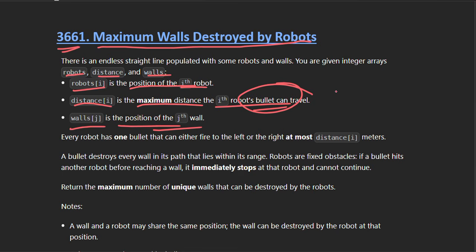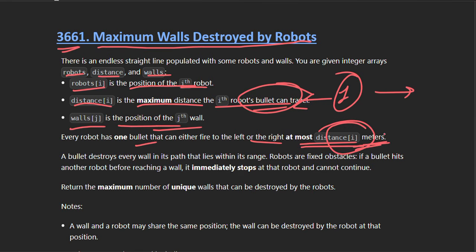Each robot has one bullet, and it can fire it either to the right direction or to the left direction, at most a distance of i meters. A bullet destroys every wall in its path that lies within its range.